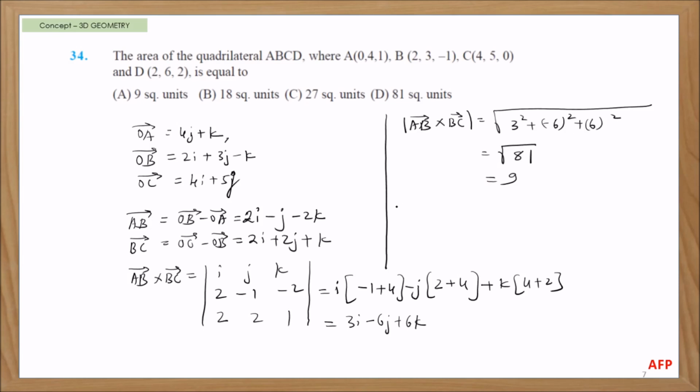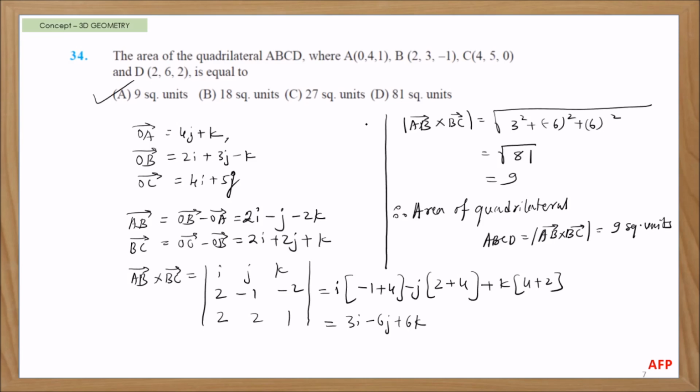Therefore the area of quadrilateral ABCD is the magnitude of AB vector cross BC vector, the adjacent vectors. So it is nothing but 9 square units.